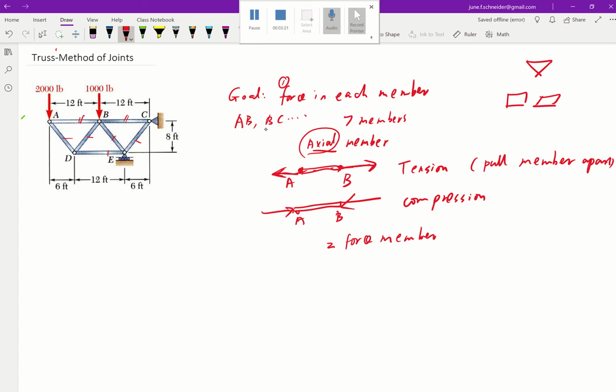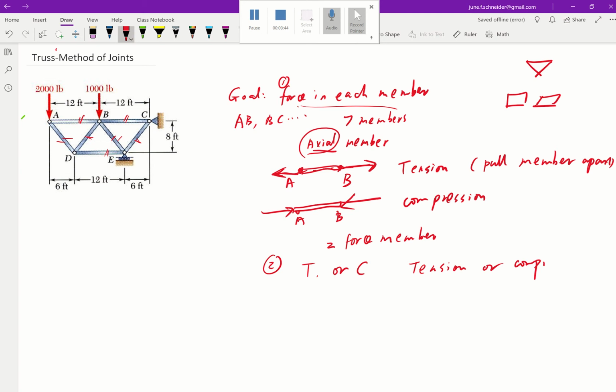We talk about AB, BC, AD, BD, BE, CE, DE, all those 7 members. You can go ahead and figure out the force in each member. And the second goal is: is each member in compression or tension? Is that T or C?